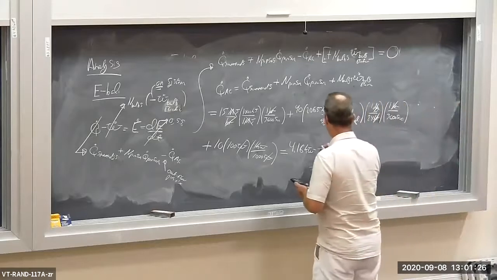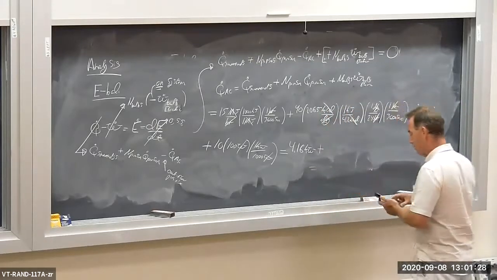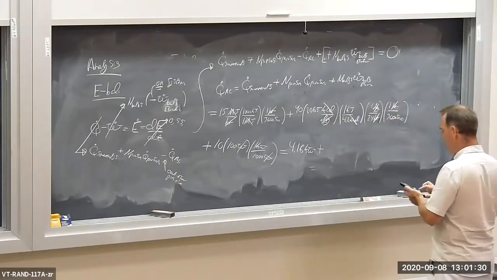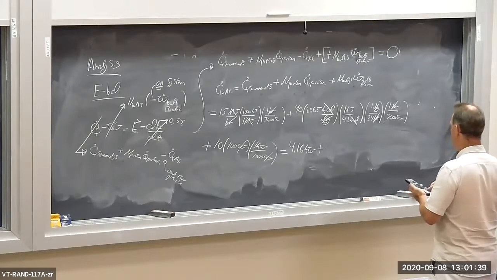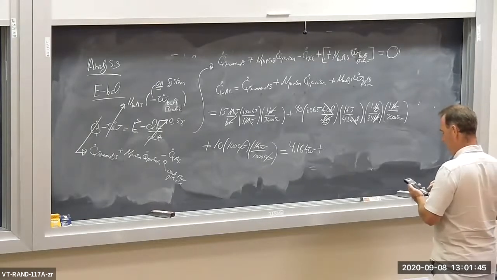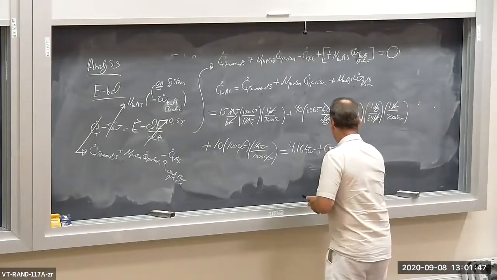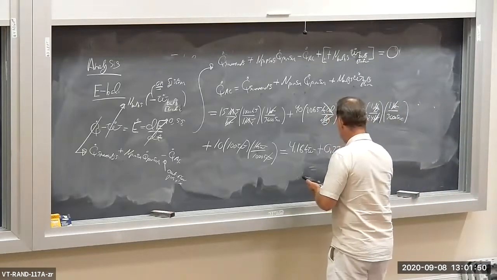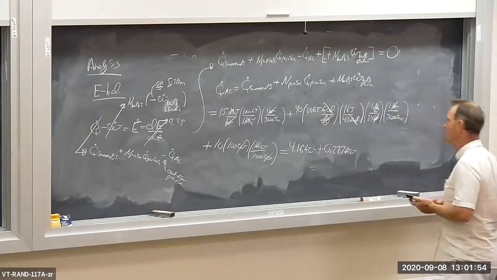And then I have the heat rejection from the people. Let's see here. 40 times 2065, divided by 4.2, divided by 24, and then divided by 3,600. 0.227 kilowatts from the 40 people.